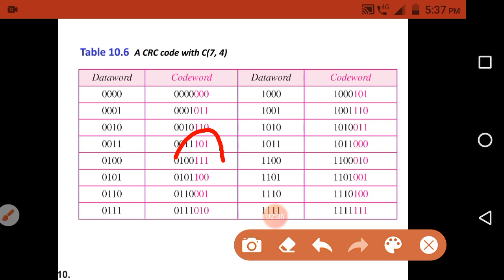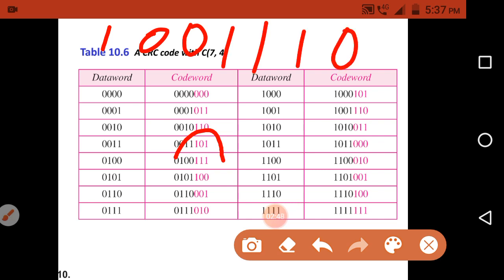So what we get after shifting that leftmost bit to the right side is 1 1 1 0, and if I shift this 0 to the end we get 1 1 0 0 1 0 1 0. Is this particular code word present in this table? Yes, that code word is present.